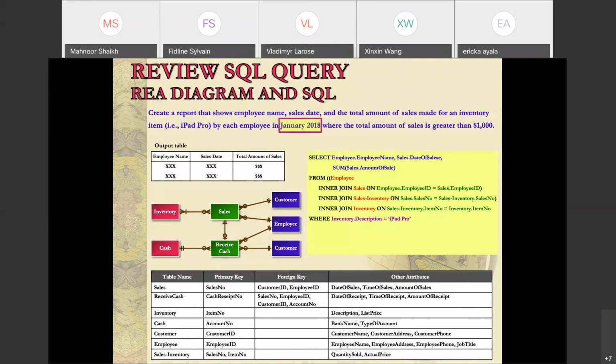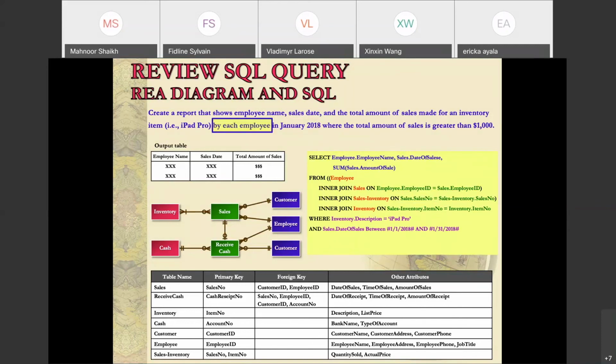Next, we're gonna select the transactions that happened between January 1st, 2018 to January 31st, 2018, right? Then we use and sales dot date of sales between this period of time. And the last requirement, where the total amount of sales is greater than 1,000, right?